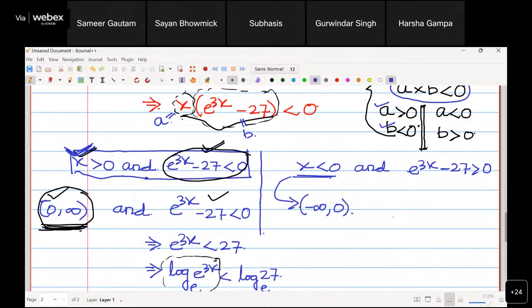Now help me to solve this part. What can we get from this region? ln3 to infinity. Okay, but don't jump into the answer. Try to solve step by step.